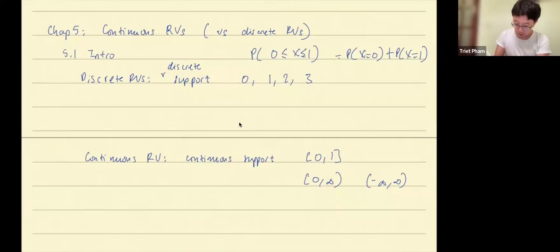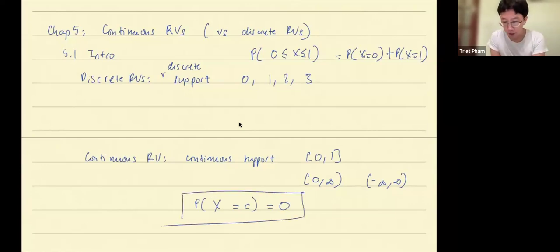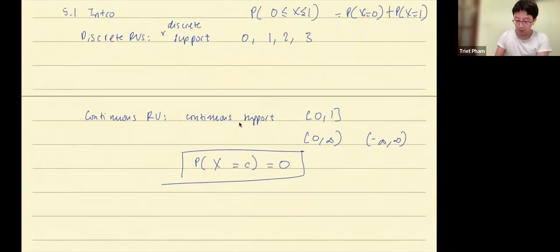Second of all, the probability that the continuous random variable takes on a particular value will be 0. And this right here is a hallmark of a continuous random variable. The probability that it takes on any particular value will be 0. On the other hand, the probability that it is inside some continuous range of values will be positive, as long as that continuous range of values is inside the support.